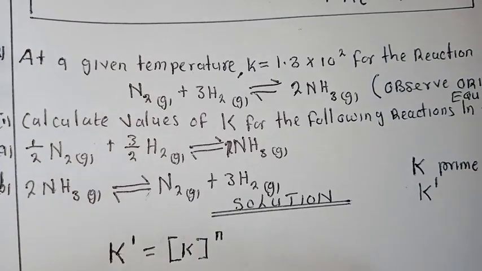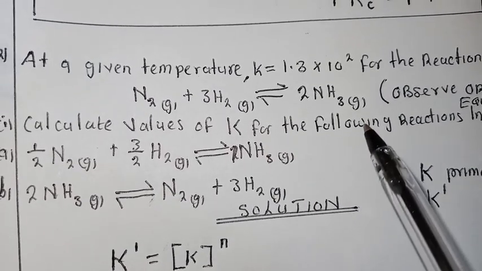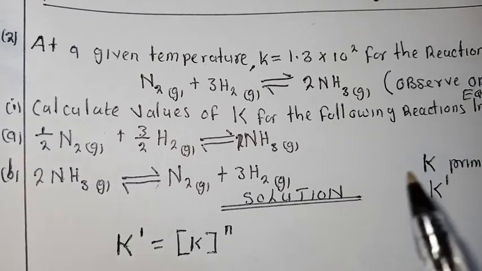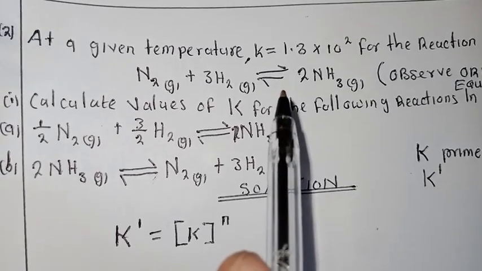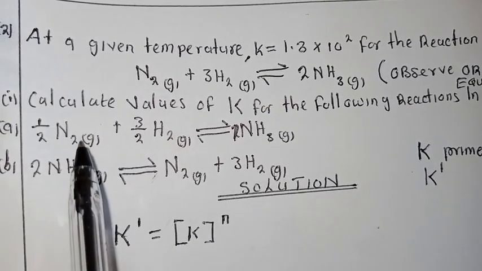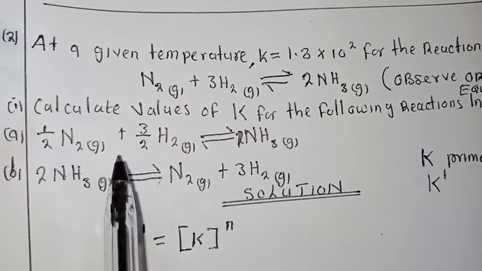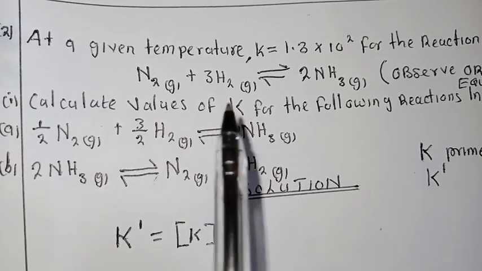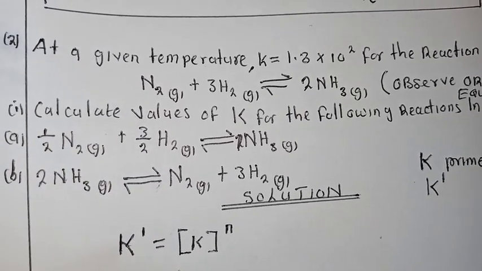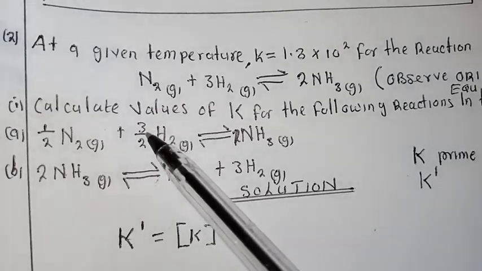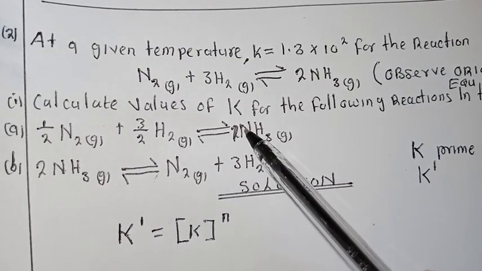So, when you observe the original equation, nitrogen plus hydrogen producing ammonia, the given reactions are the same equation as the original equation, except that they've been balanced differently. But then, you need to ask yourself, what number exactly were they multiplying this particular equation by for them to balance it this way? So here we had 3, but here it's 3 over 2. Here we had 2, but here it is just 1.